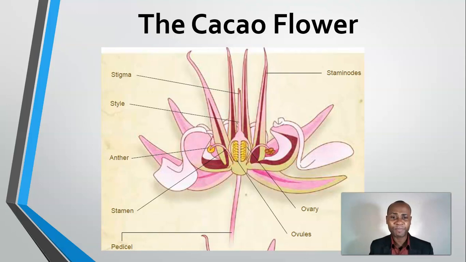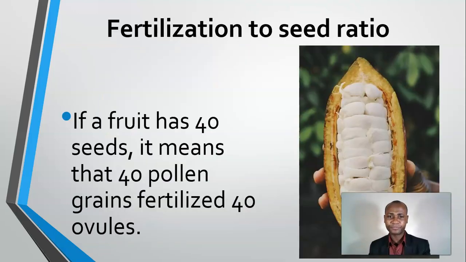And even if it takes place, most cacao flowers are self-incompatible. What that means is that if the pollen from this anther falls here, the whole flower is going to die. So pollination in cacao is a result of cross-pollination.